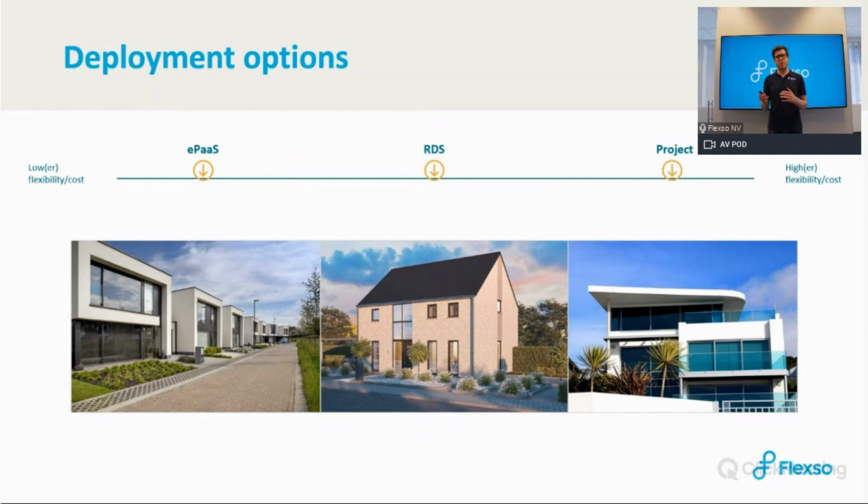Well, there are multiple possible deployment options. This is based on, do we already have software as a service, which is the ePaaS, allowing you to subscribe and start using the application? Or do we already have building blocks that we can reuse in your extension?